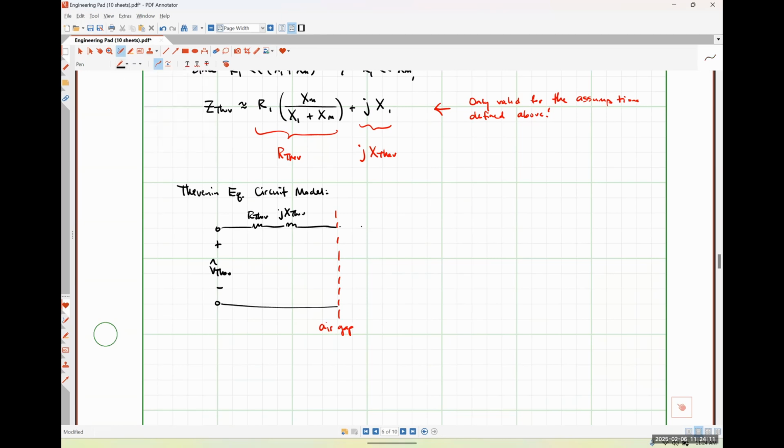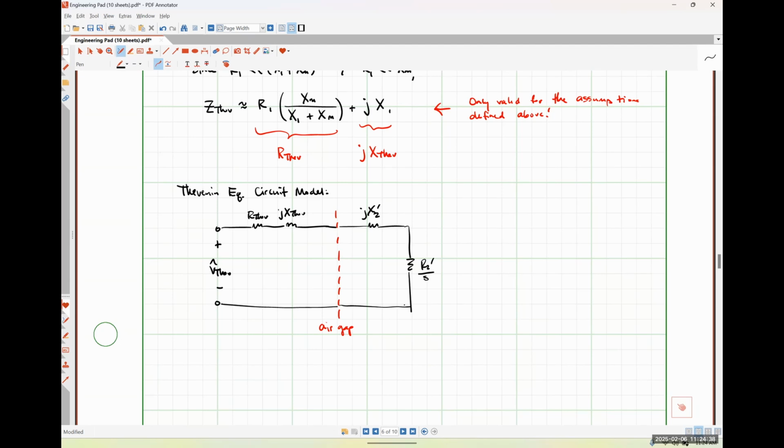And now we have our rotor equivalent circuit referred to our primary side. So jX2 prime in series with R2 over S prime. So this is our new equivalent circuit. It is literally just 4 elements connected in series.